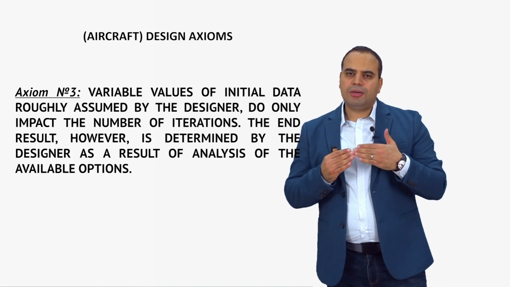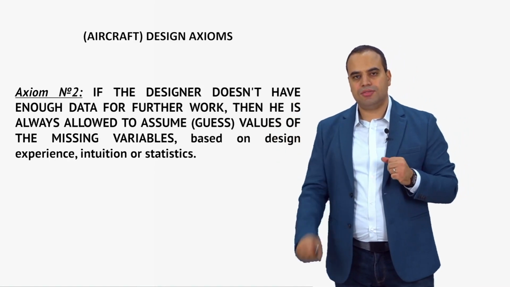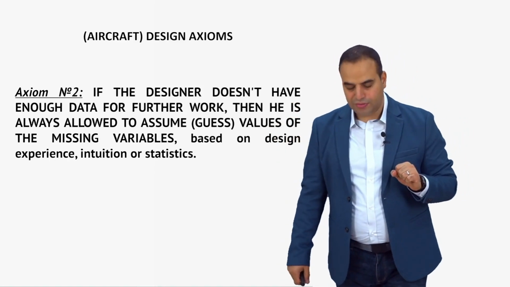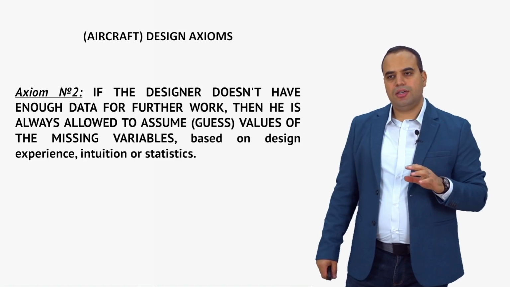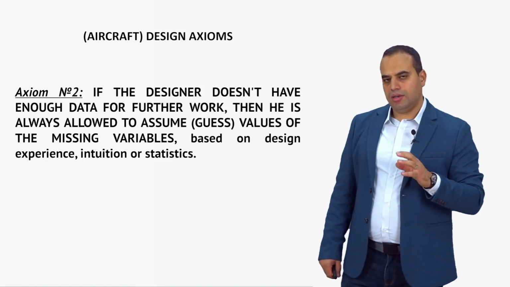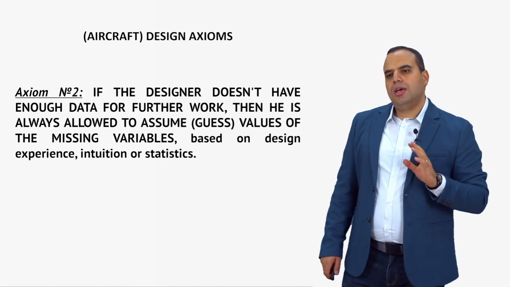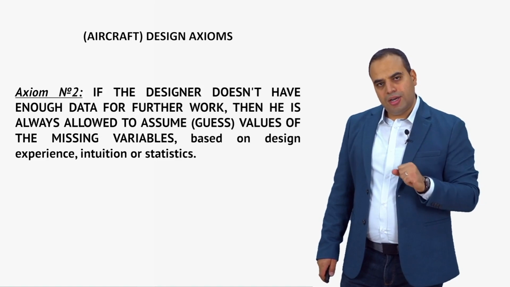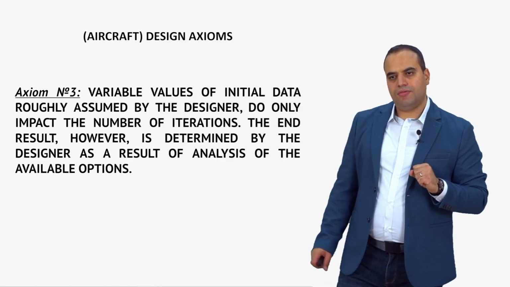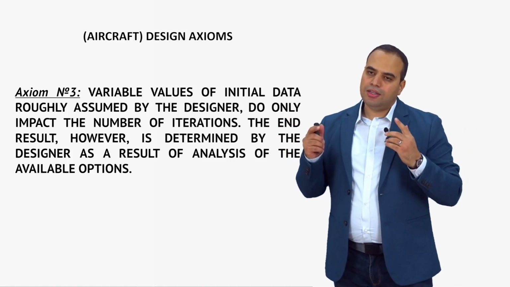So no matter how bad our guess was, right? We can guess something that is very far away from nature, especially if we design, for example, something from scratch, and we know very little about everything that has to do with this designed object, right? So we can start very far away from the truth. And the thing is that no matter how bad our guess was, the final result is always going to be the same, and it impacts only the number of iterations, right?